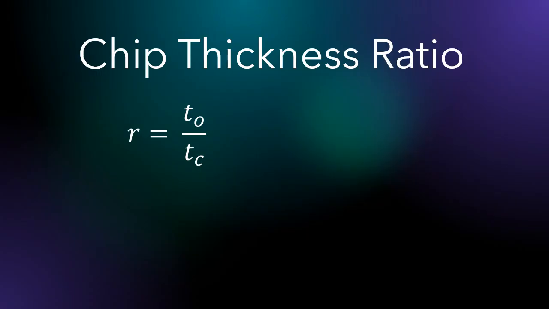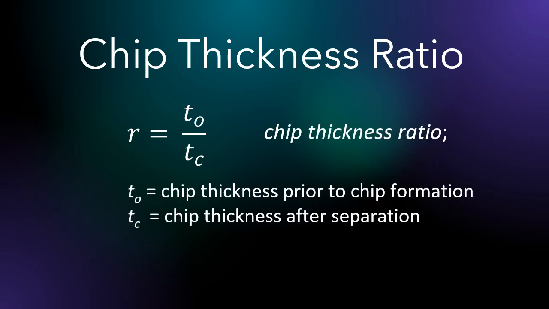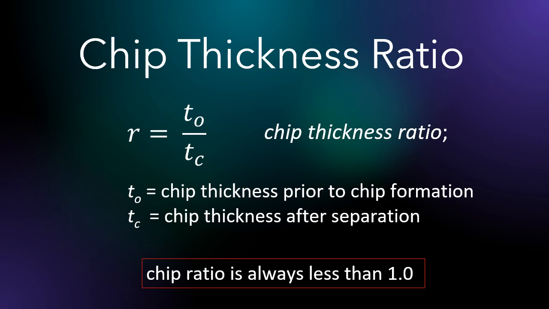The ratio of t_o to t_c is called the chip thickness ratio, or simply the chip ratio r. Since the chip thickness after cutting is always greater than the corresponding thickness before cutting, the chip ratio will always be less than 1.